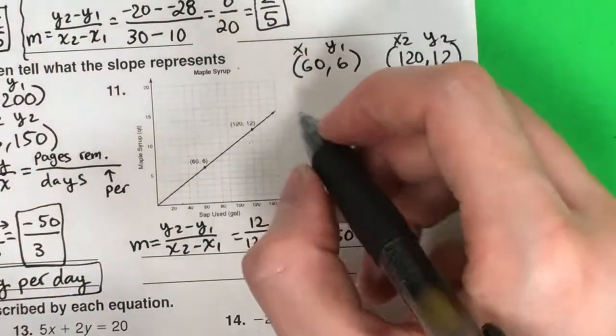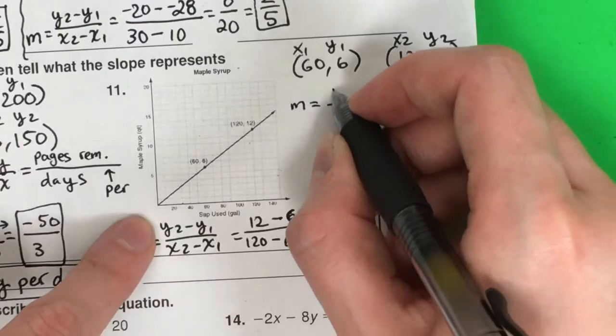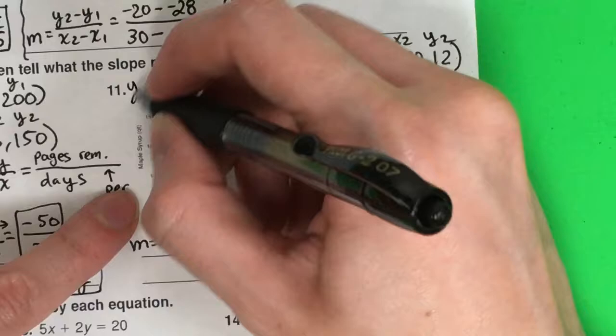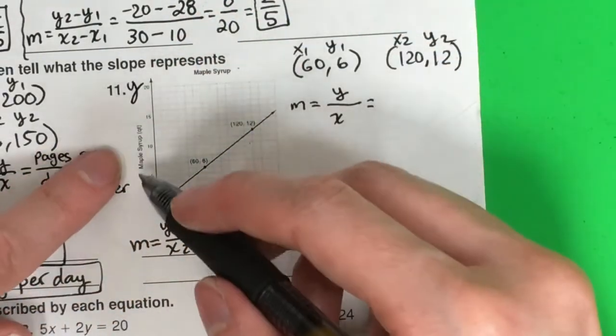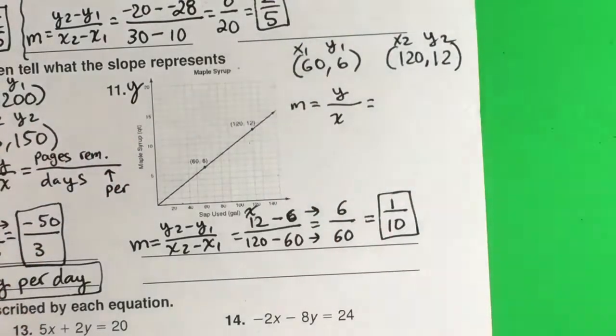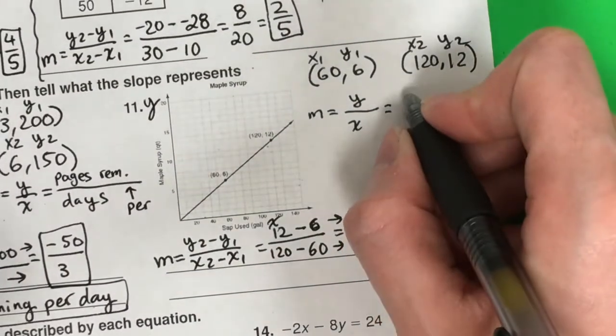Now we're going to do like we did before. So remember, m equals, what letter is up? Y. Down? X. Y is here, and X is here. Y is maple syrup, parenthesis QT. I don't know if you can see that. QT, quart. So we're just going to put what's in the parenthesis.